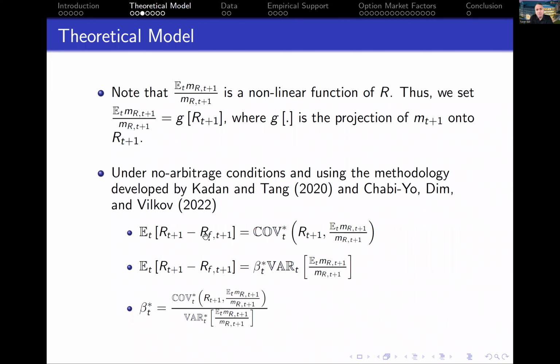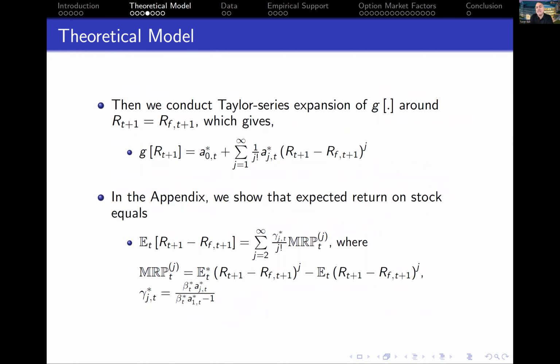And eventually, what we get is that expected growth in the stochastic discount factor becomes this nonlinear implicit function, a projection of M on R, all right? So here, we are relying on the methodology developed by Fousseni and his co-authors, Greg Wilkov and Dim, and also this RFS article, Kadan and Tang. Based on these articles, we rely on Taylor series expansions.